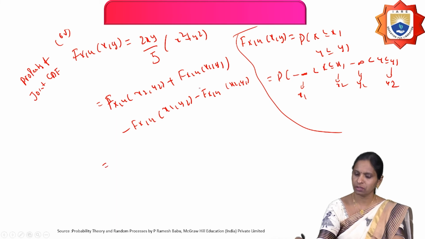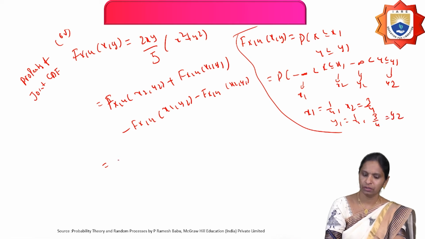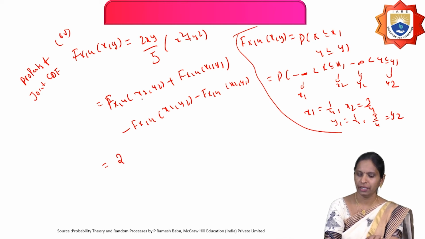Now, x1 equals 1 by 4, x2 equals 3 by 4, y1 equals 1 by 4 and y2 equals 3 by 4. You just substitute here. So then what can you obtain here? 2 into, in place of x and y you have to substitute x2 and y2. x2 is 3 by 4 and y2 is 3 by 4.